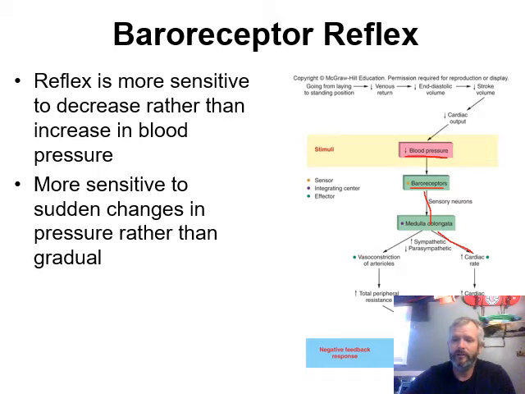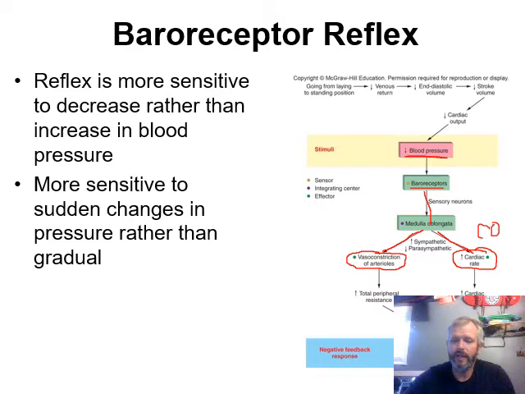The other, so this would affect cardiac output, that's the CO factor of blood pressure, and if we activate the sympathetic, that's going to cause vasoconstriction. Increased vasoconstriction increases total peripheral resistance.